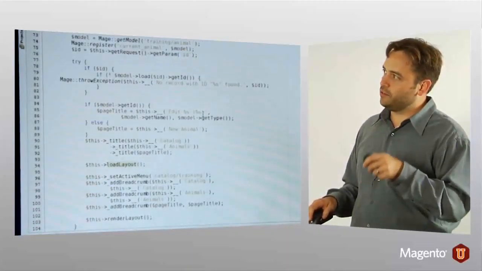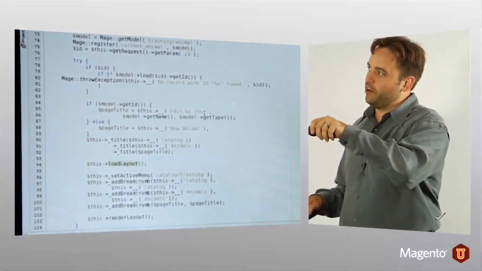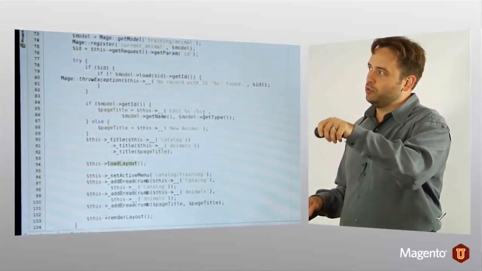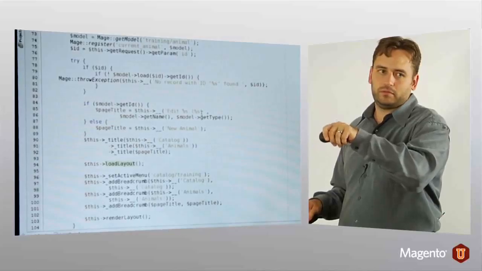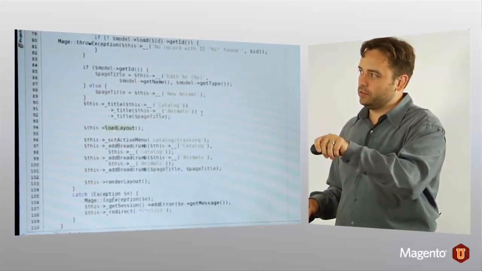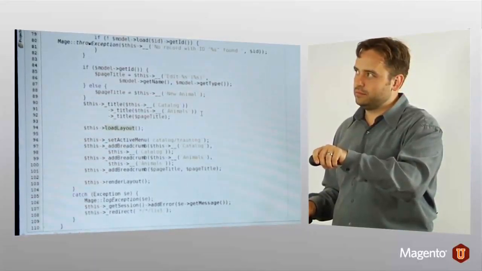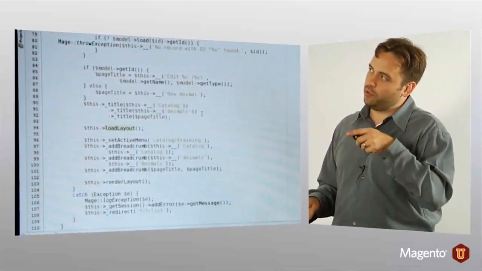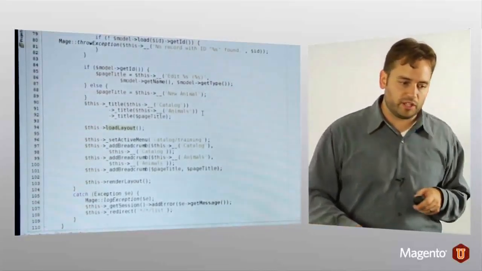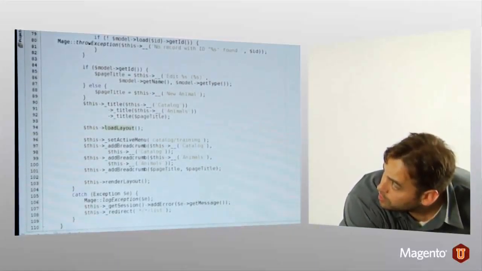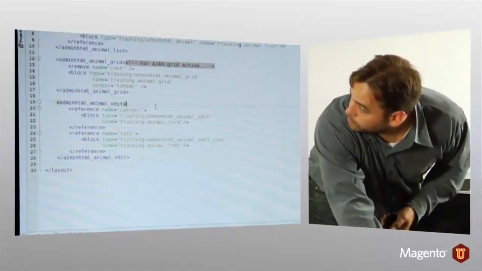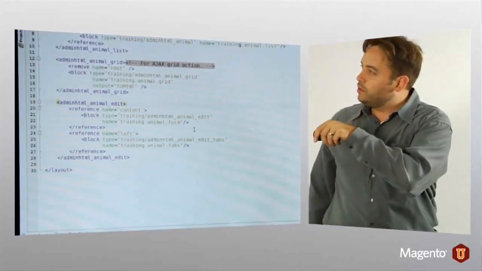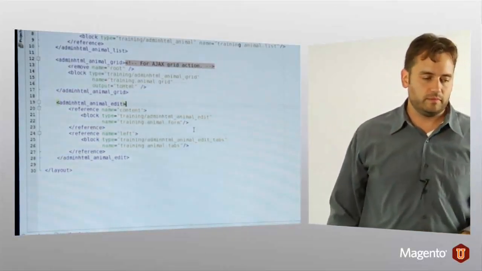But again, the same features, so the different areas here are model load, conditional stuff for page view, and then load layout, render layout. And that, of course, we'll get the instructions from animal XML edit action and load these two blocks.